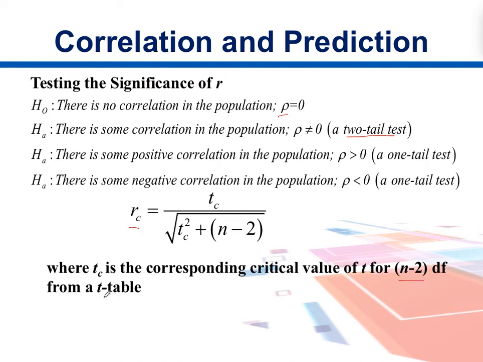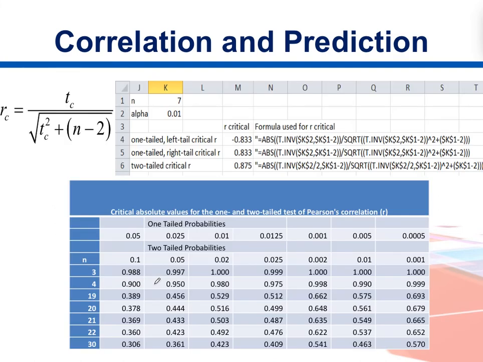and we can use this t table. So here, for example, if we have n equal to 7 and alpha is 0.01, we can also simulate this thing in Microsoft Excel. This is the expanded formula for this. You can do it in Excel, or there is a table there in the book.